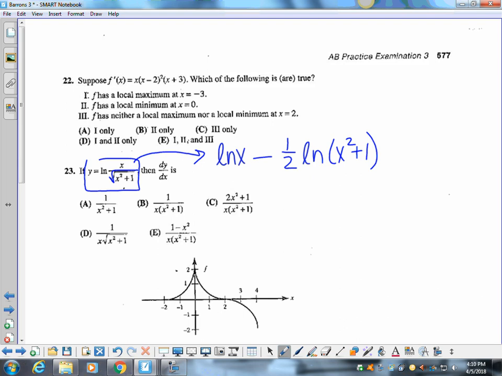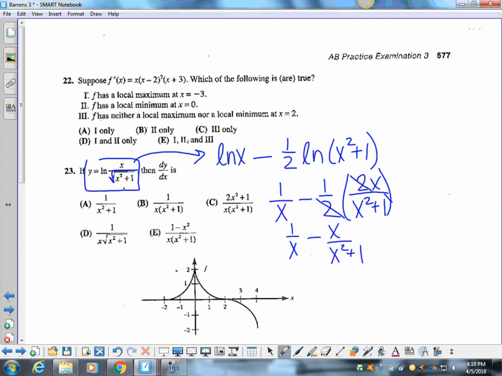All right, the derivative of ln of x is the derivative of the inside over the inside times natural log of the base, which is a 1, minus 1/2 is a constant, and then the derivative of the inside over the inside, again, times natural log of the base, which is a 1, and then I'm just going to clean a little bit. I'm going to let these 2's cancel because they're both single, not equals.